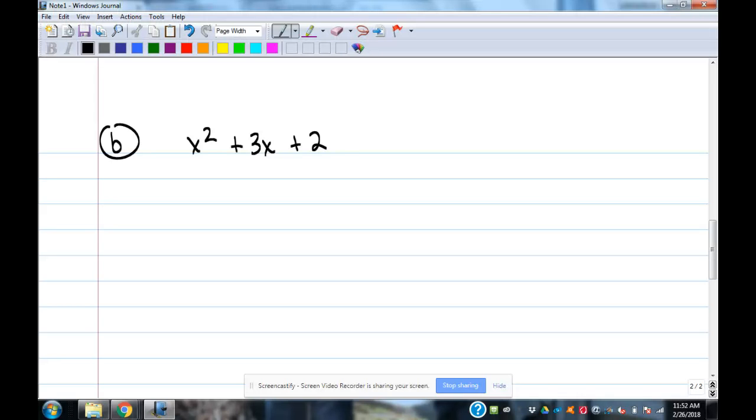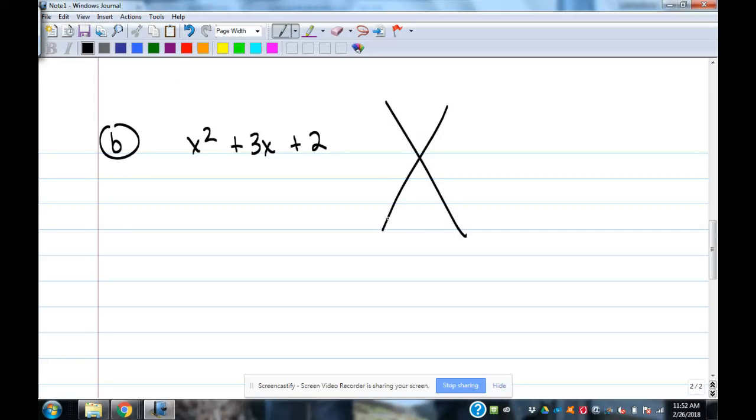And then we look at it and say, okay, no GCF. x squared, 3x, and 2 don't have anything in common. So then count the terms, there's 3 of them, so that tells us to do the x method.